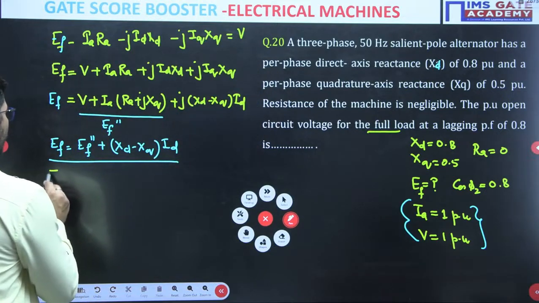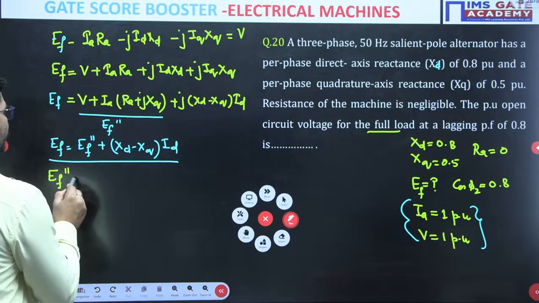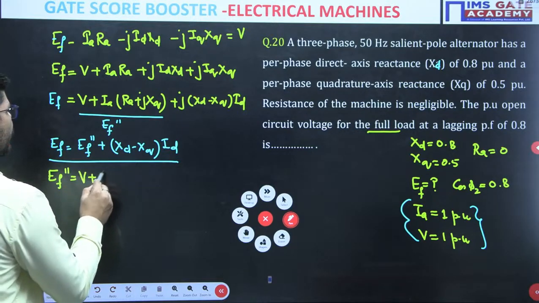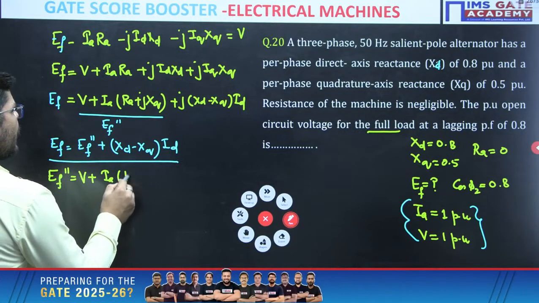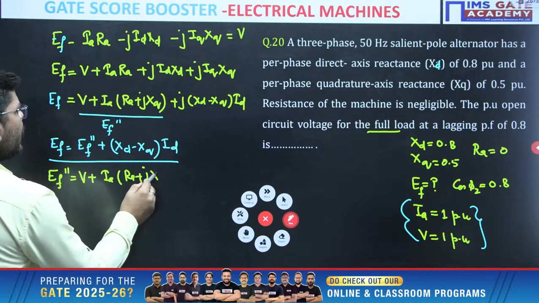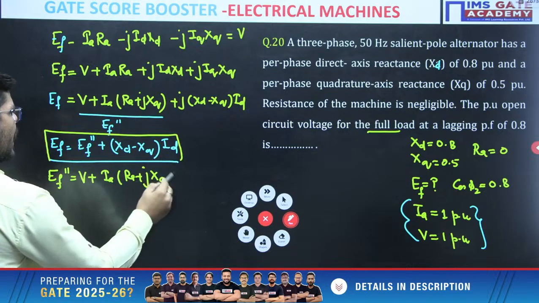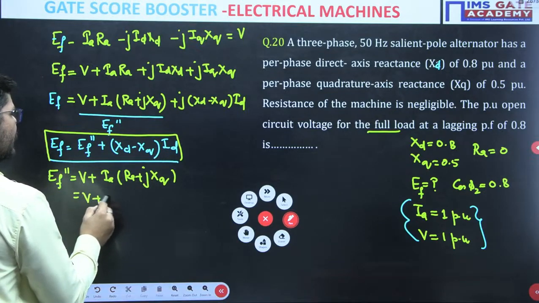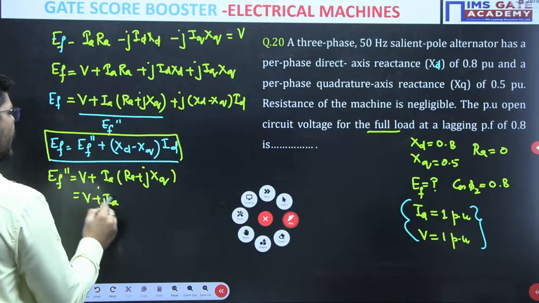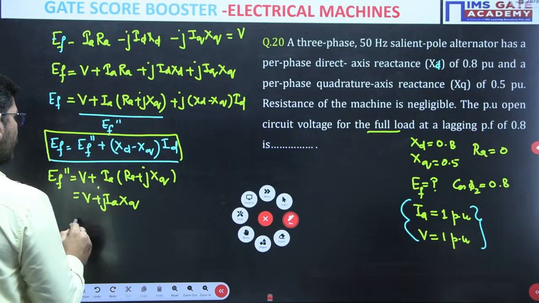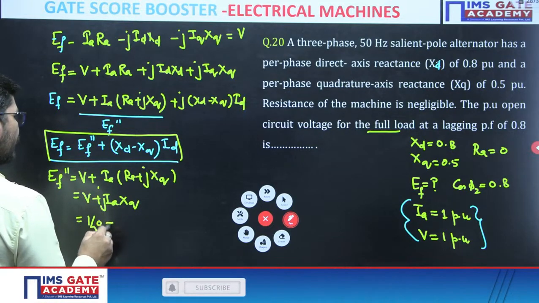So we need to calculate EF double dash first, which will be V plus IA RA plus J XQ IA, correct? Now RA is neglected, so we get V plus J IA XQ. Now V is 1 per unit.